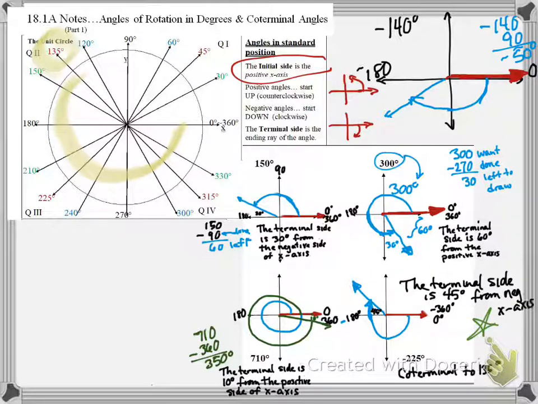I didn't have to write these words, but I am asking that you write me a number that tells me how far away from the axis it is. When I'm talking about the concept of coterminal, it was good to come back to this and say, this is in the exact same place as 135 degrees, which means it's coterminal to 135 degrees.